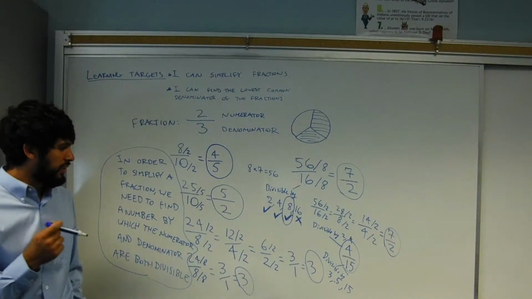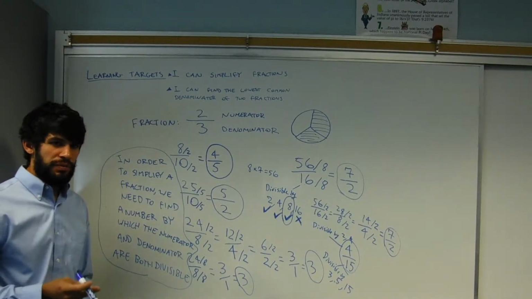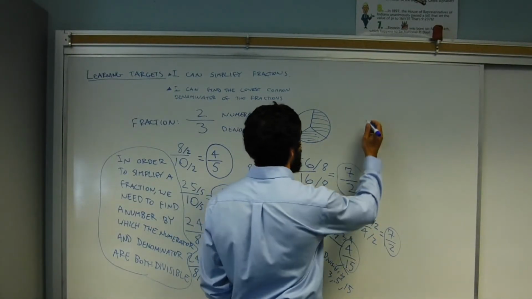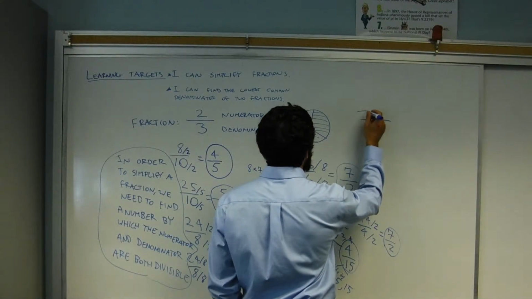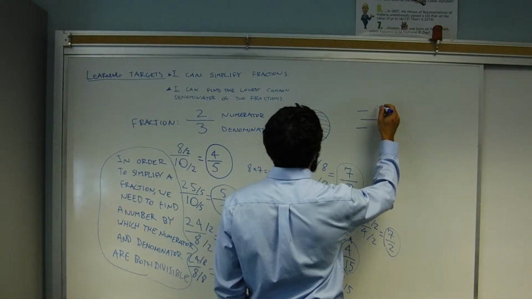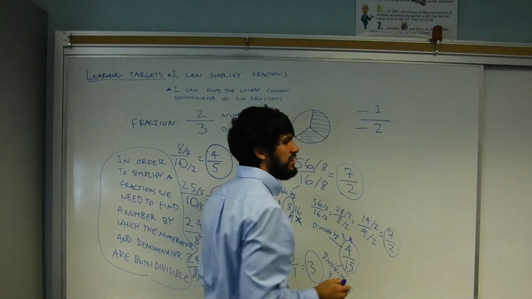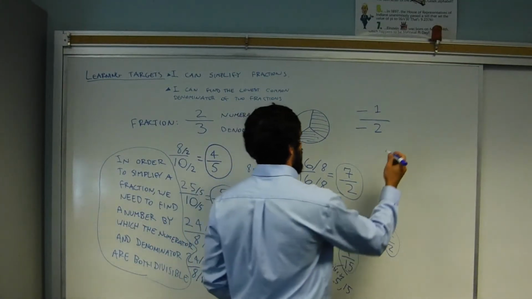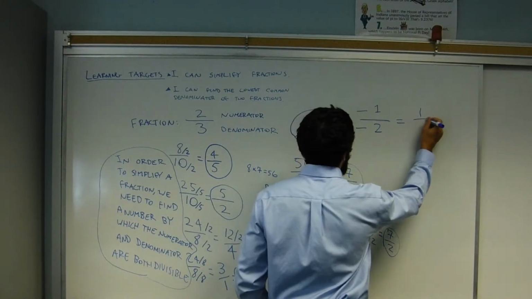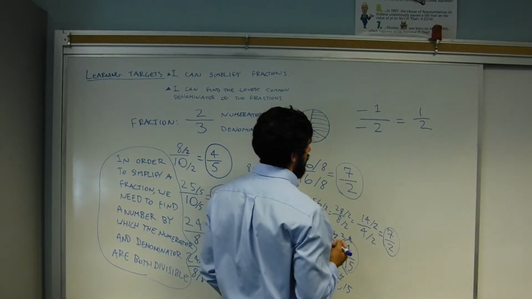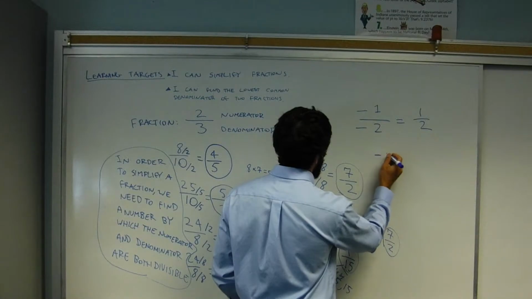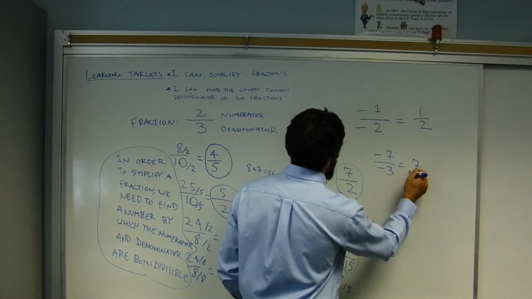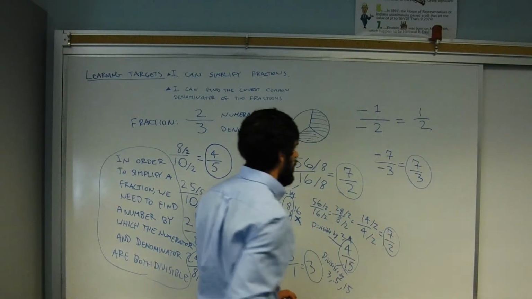I just want to go over a little bit of other basic fraction info. If you have a negative, so say we have -1 over -2, these two negatives will cancel each other out, and in simplified form this would actually be positive. Again, like -7 over -3, that's just equal to +7 over +3.